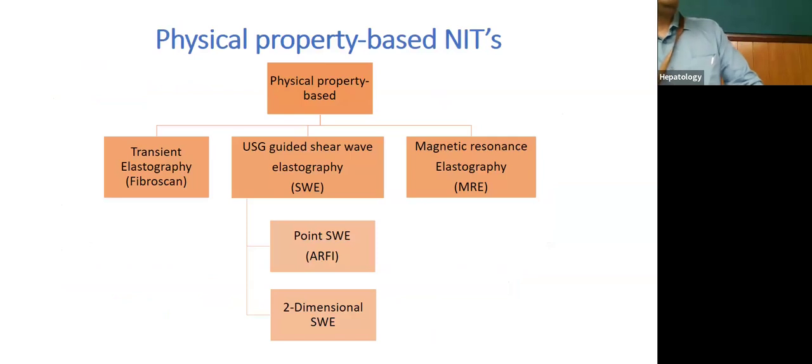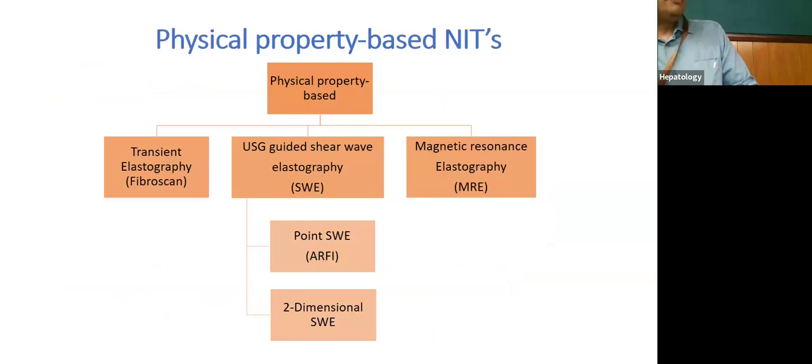So the next category is tests which are based on physical property. Physical property based tests include transient elastography, what we know as fibroscan by EchoSens. Then there are certain tests which are based on routine ultrasound machines. They use the property of shear wave elastography.